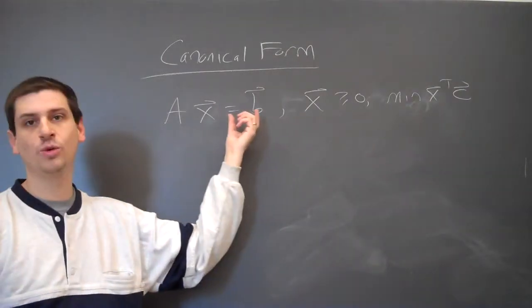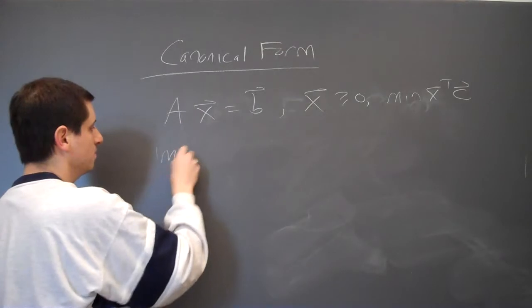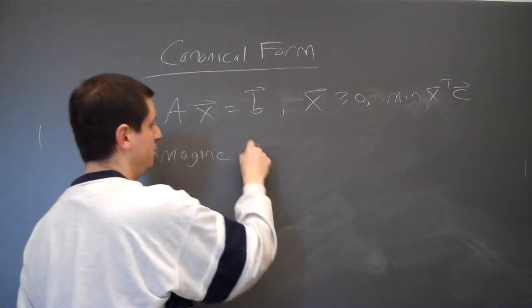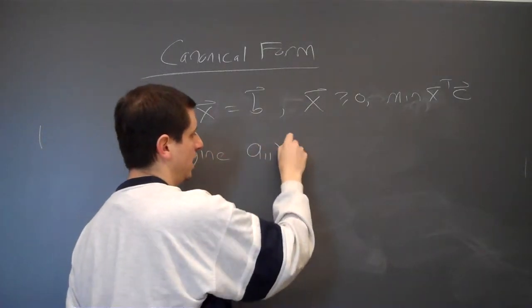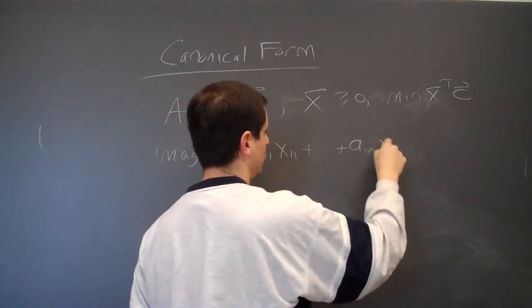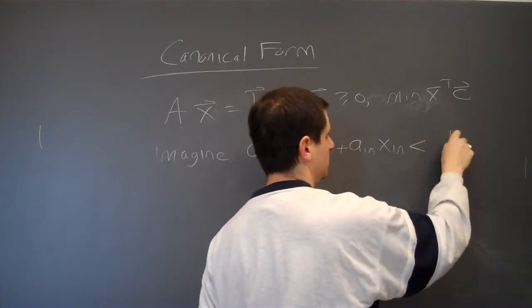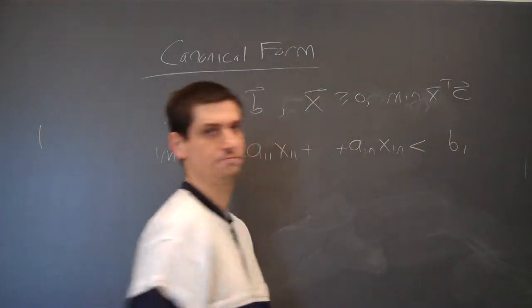The first thing is that we have equality. So equality is not that bad. Imagine we have a11 x11 plus a1n x1n is less than b1.